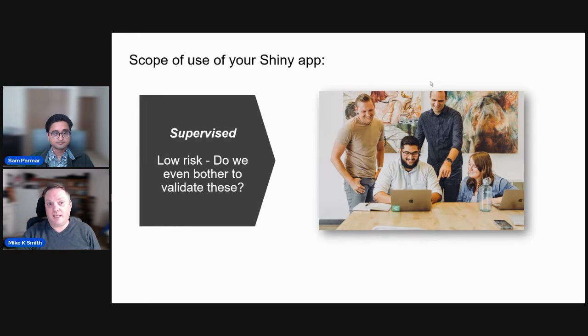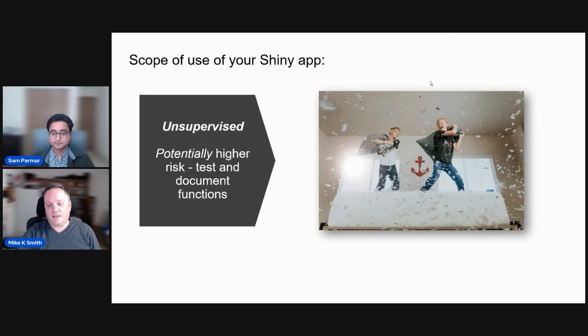Now, in that case, what we're saying is that these are low-risk apps. We might not even bother to validate these. And in business process terms, we come up with some good practices for people developing Shiny apps for this purpose.